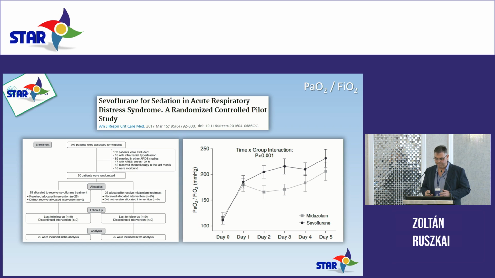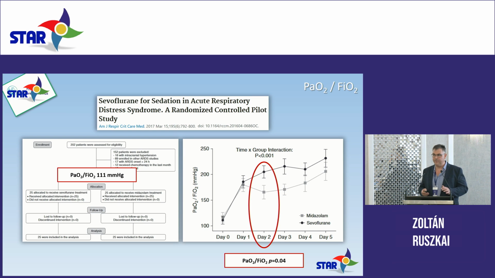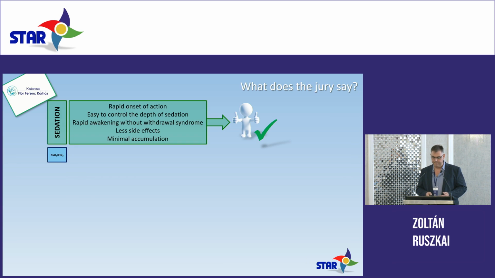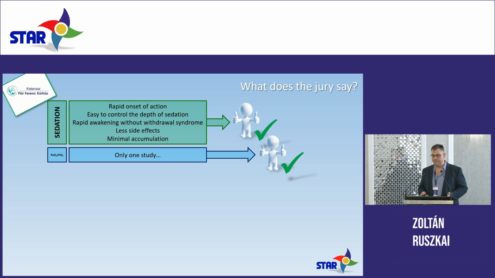This was a trial comparing the PF ratio in patients sedated with propofol or midazolam versus volatile anesthetics, and they found a significant improvement in PF ratio when patients were sedated with volatile anesthetics. So this is a positive result. However, it's only one study, so we don't exactly know where we are in this case.